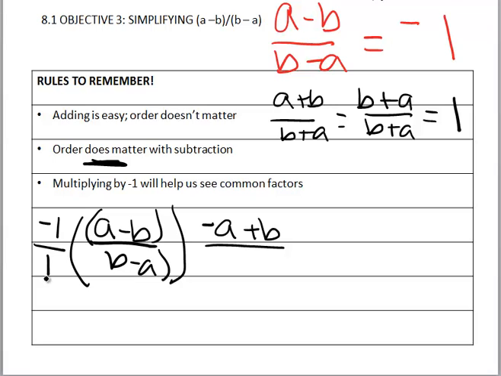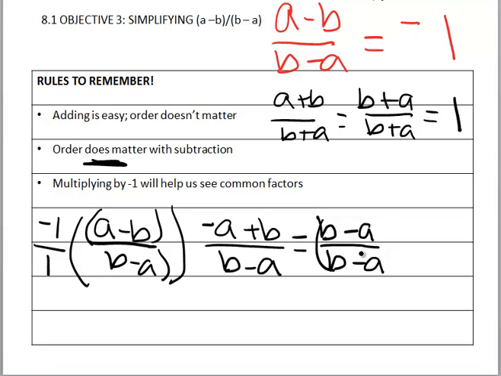And multiplying the denominator by 1 leaves it the same. This is sort of ugly, so I'm going to make it pretty by rearranging things. Positive b minus a over b minus a. And don't forget, I'm still multiplying by -1, right?